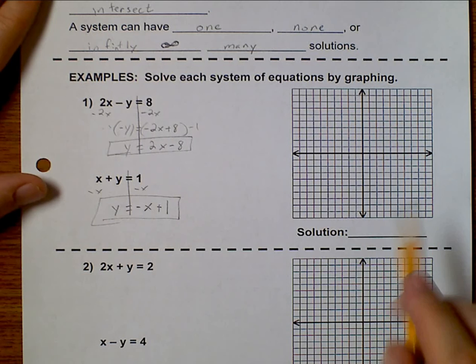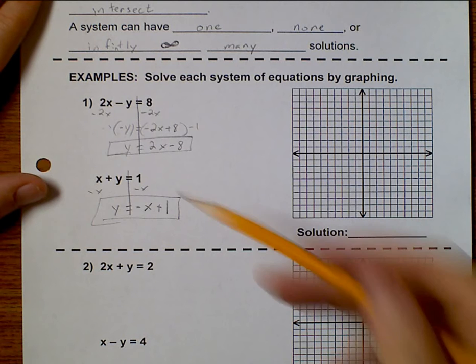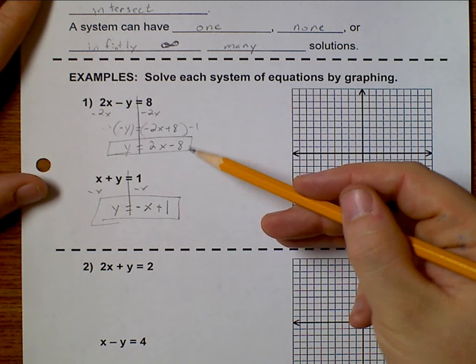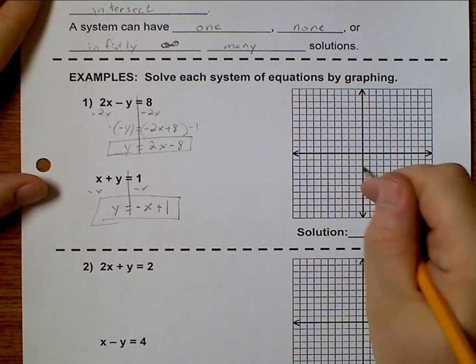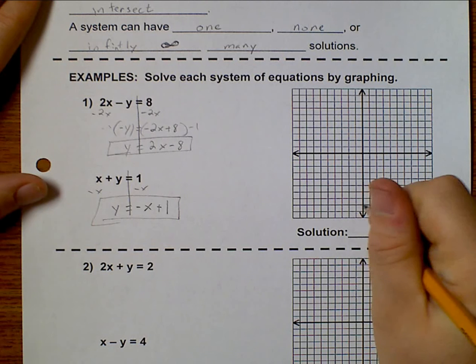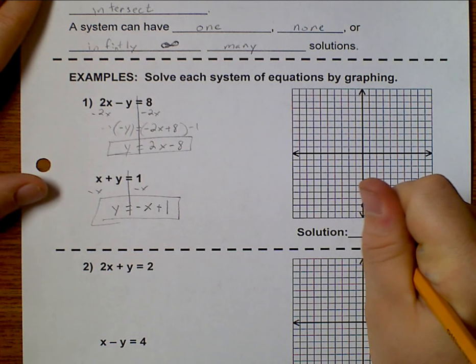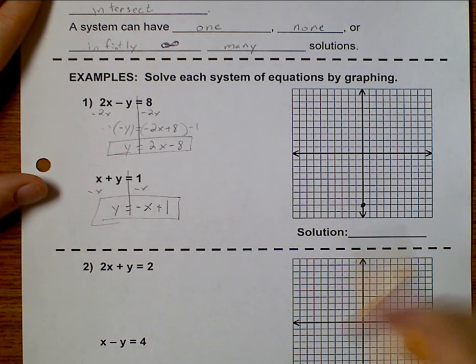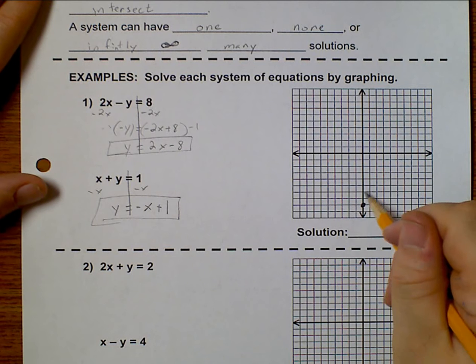And now I need to graph these two lines. So let me start here. I'm going to start at negative 8. Then I've got my slope of 2, so I rise 2 and run 1.